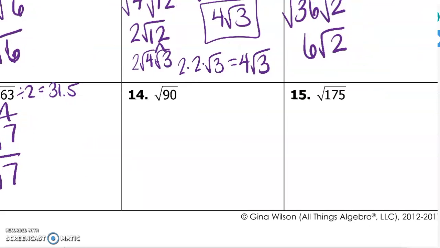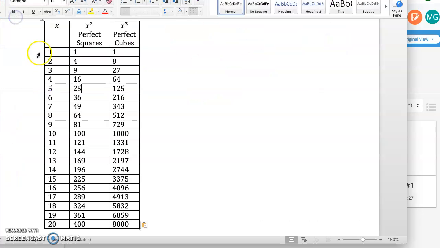So 90 divided by 2 is 45. So on your list, again, you're going to figure out where that means to start.